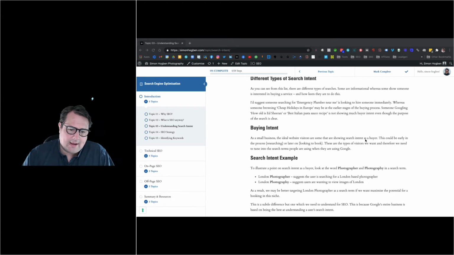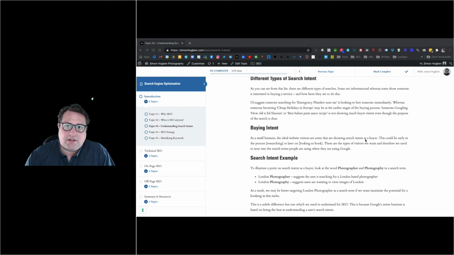So just to illustrate a point on search intent as a buyer, I want you to think about the word photographer and photography, obviously very closely related. Google knows these terms are closely related. But if you type in the words London photographer to Google, you'll get a completely different set of results than London photography.